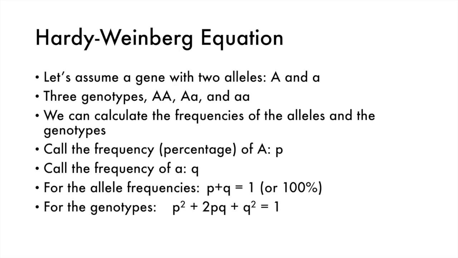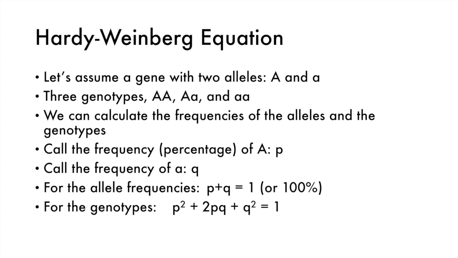So what this means is that for all the alleles, we can sum up these allele frequencies and say that the percentage of big A alleles plus the percentage of little a alleles is going to equal 1, or 100%. So all of the peas that Mendel grew are 100%, and each of them had either a big A or a little a allele, and we can say, well, what were the proportions? Was it 60% big A and 40% little a? Possibly. But whatever it is, it's going to sum up to 100% of all of the alleles.